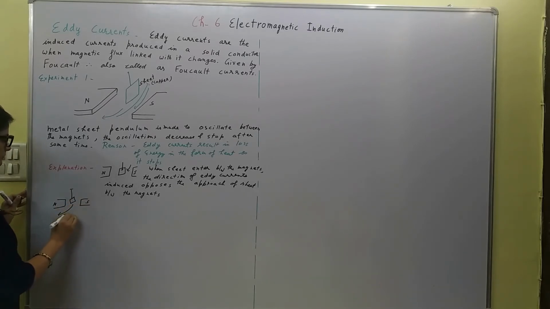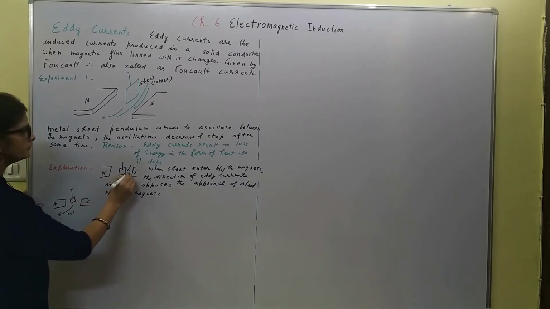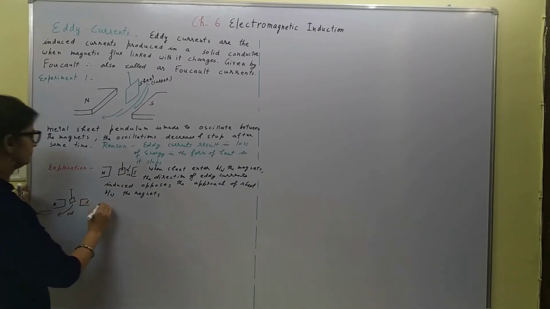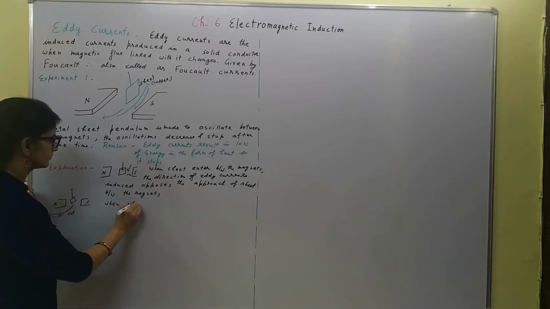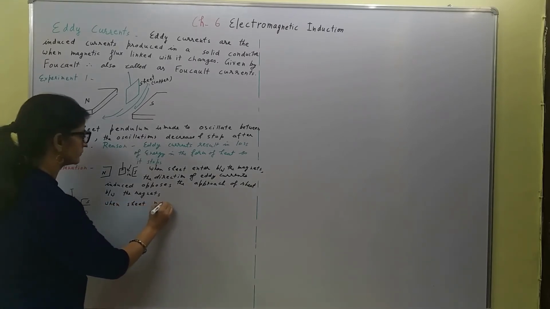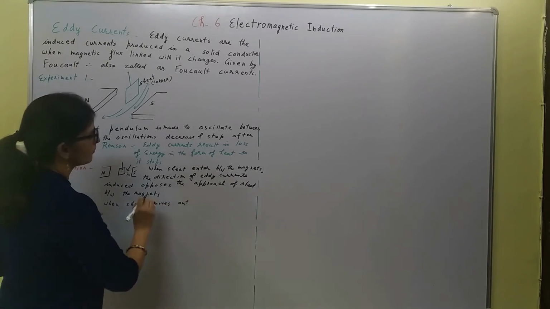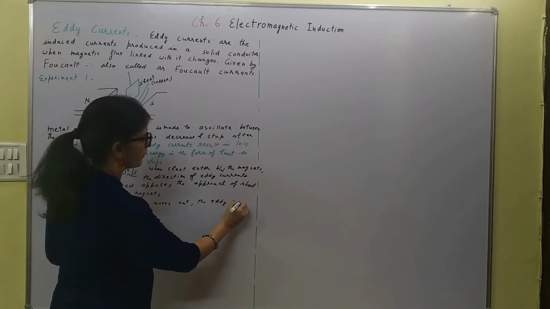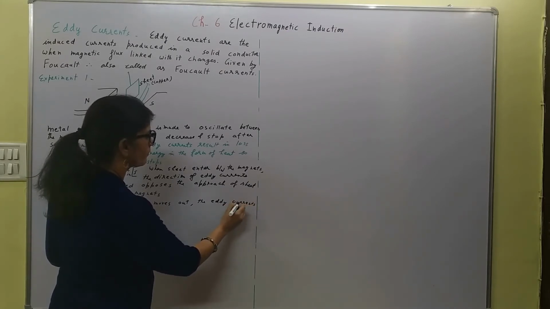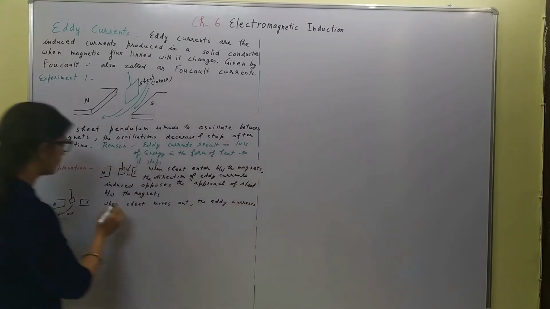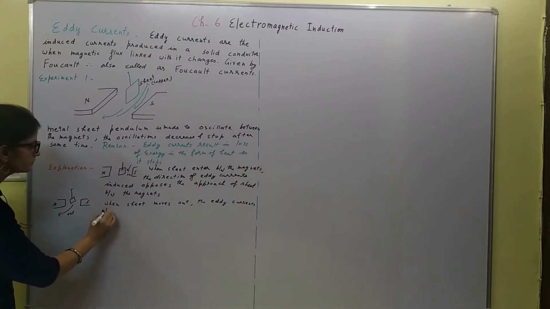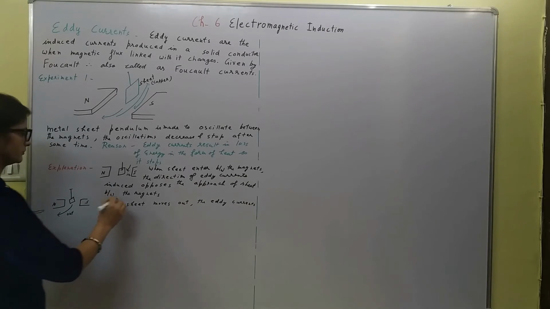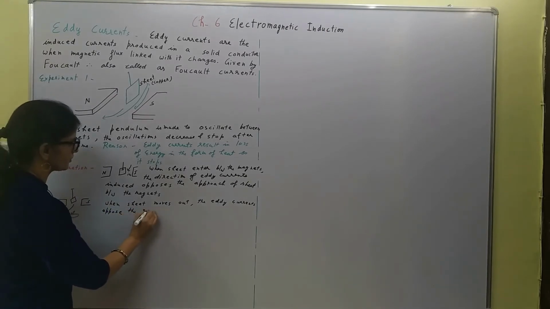When it is moving out, so what happens? The eddy currents oppose the receding away of the sheet.